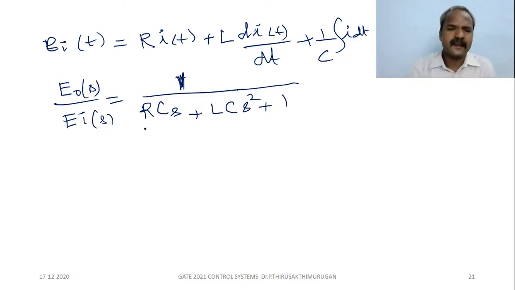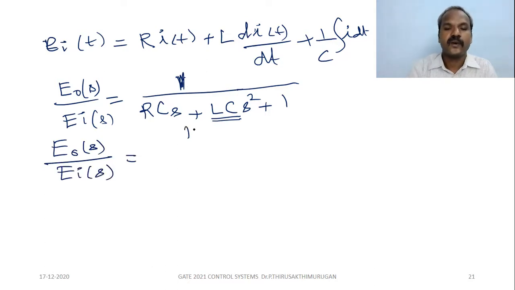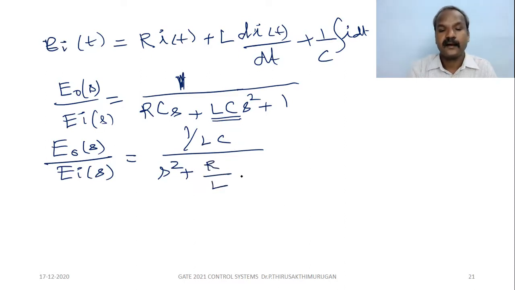So here we have to bring the denominator into standard second order form, so you divide numerator and denominator by LC. Then E naught of S to E_i of S equal to 1 by LC divided by S square plus R by L of S plus 1 by LC.